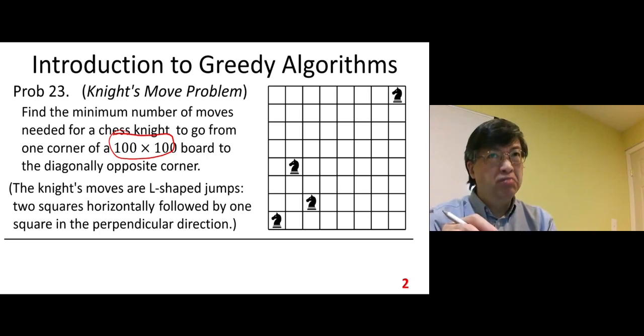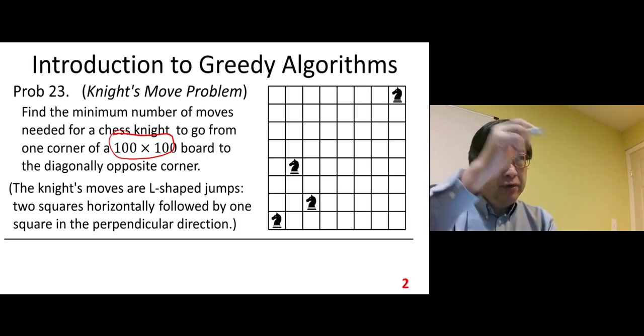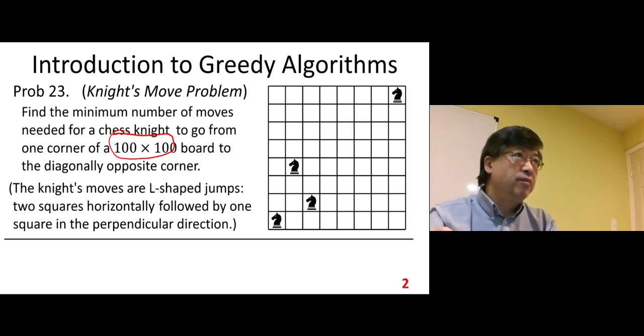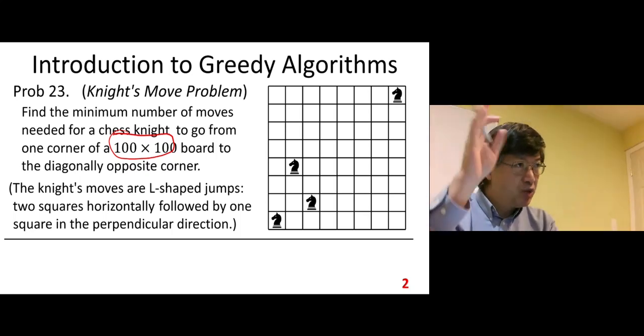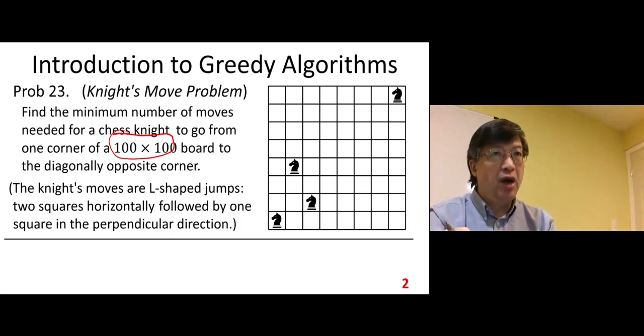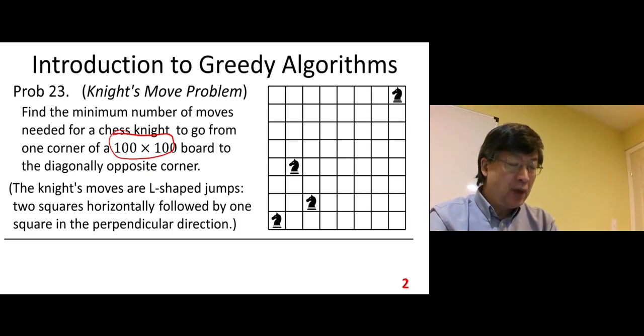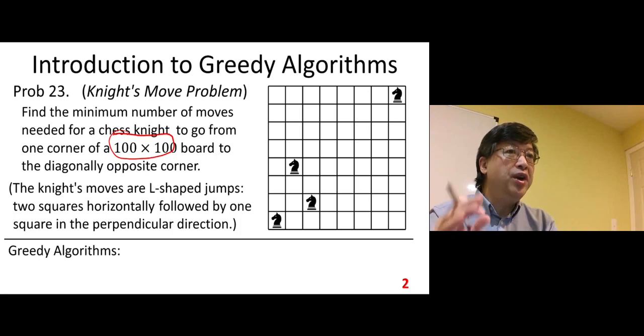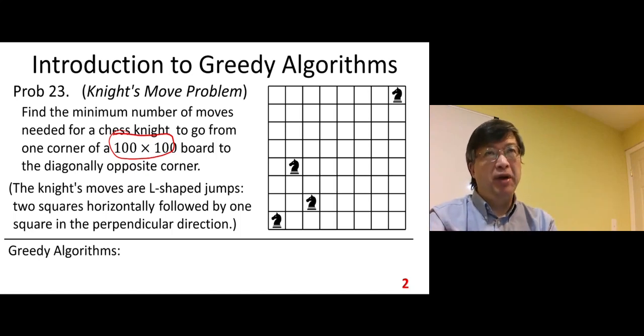But for 100 times 100, it is very hard to try explicitly, because it is hard to draw that big board, right? So you have to use some deductions. You have to explore some rule to solve this problem. Here, we use the greedy algorithms.